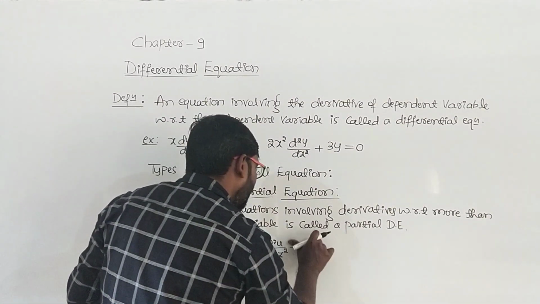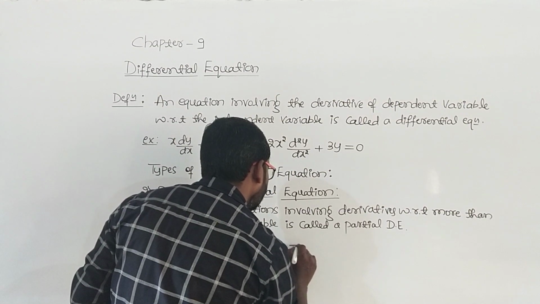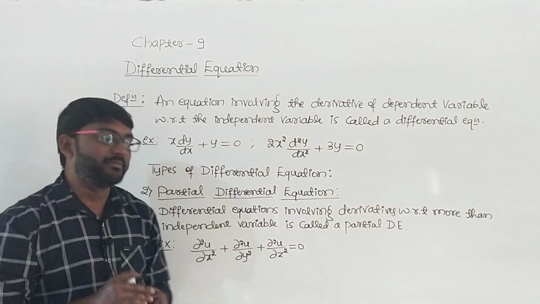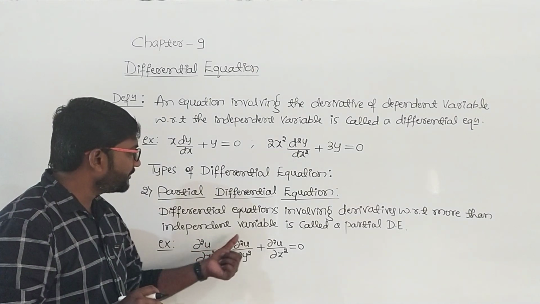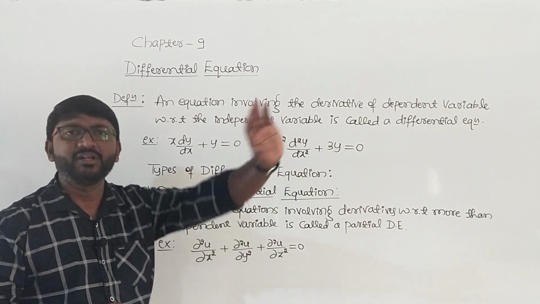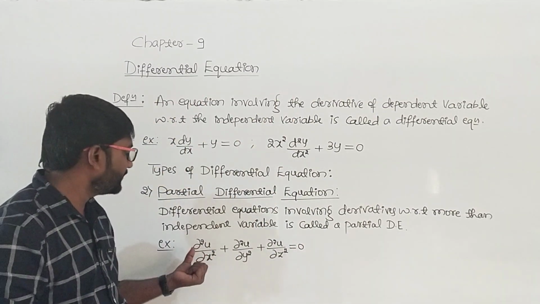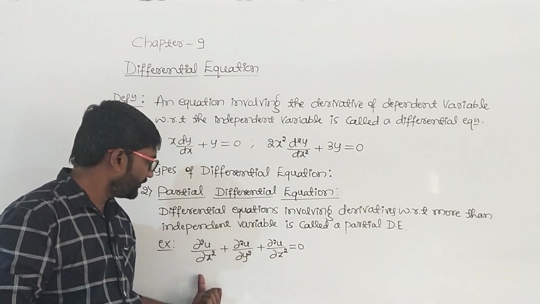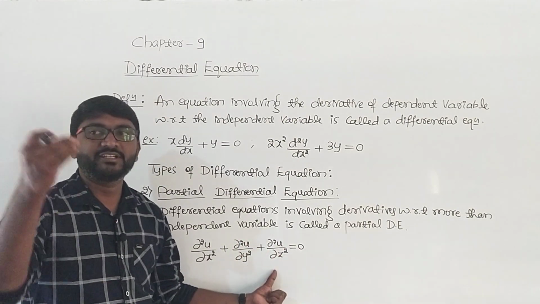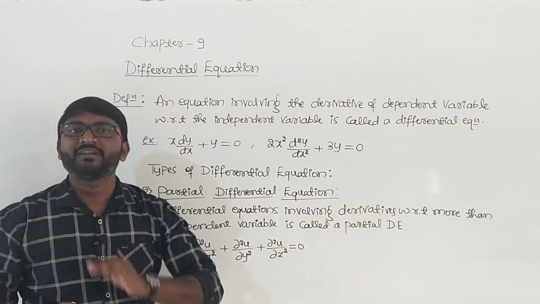This is a partial differential equation where you have more than one independent variable. This can also be pronounced as dou square u by dou x square, dou square u by dou y square, dou square u by dou z square. You might have come across this in chemistry.